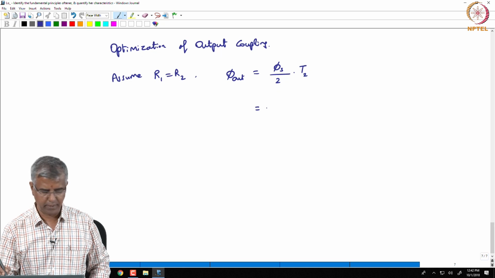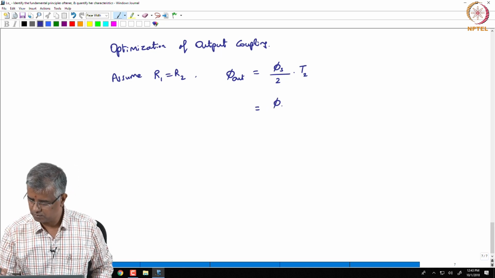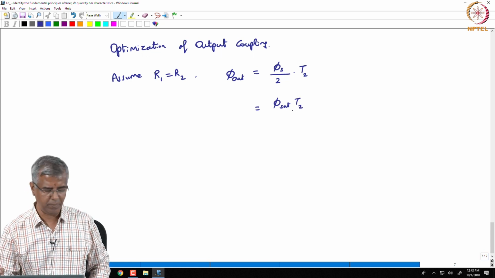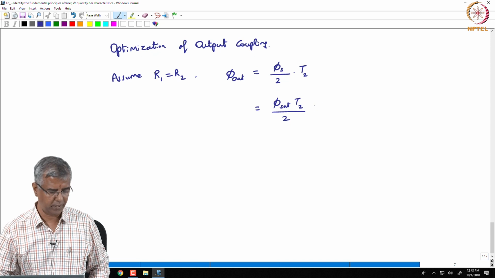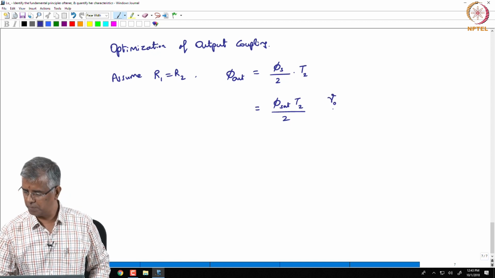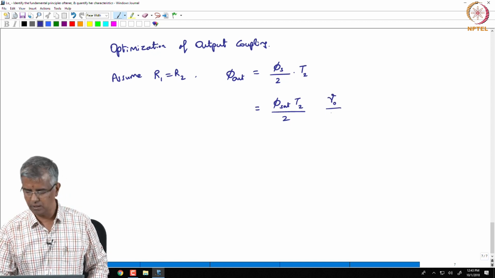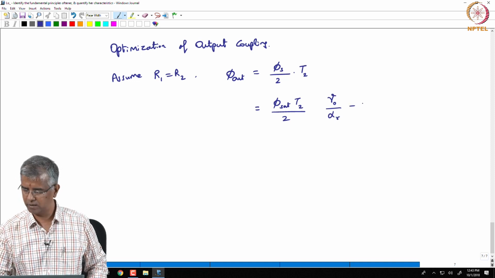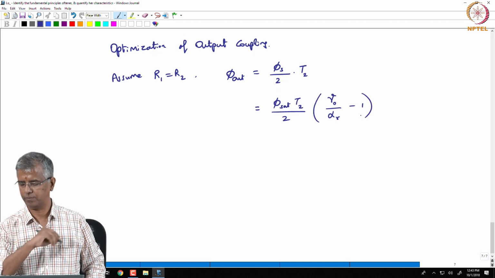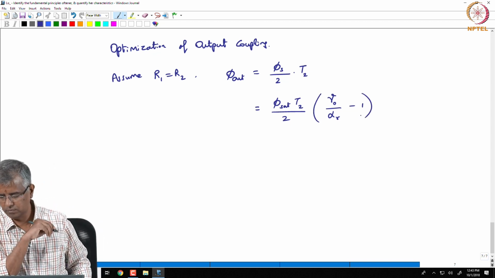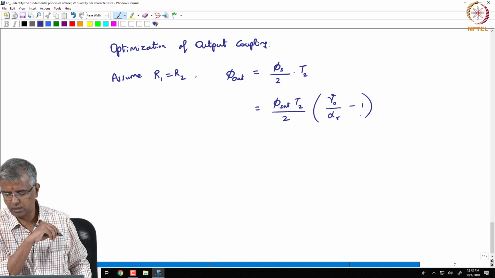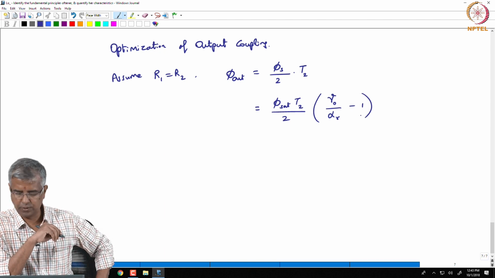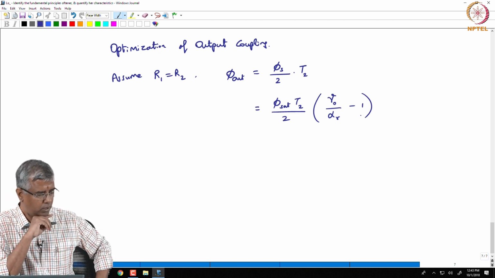I can write this as phi sat multiplied by T2 divided by 2, multiplied by gamma naught, which is the small signal gain, divided by alpha r, minus 1. So, instead of phi s, I can substitute phi sat and this other part.